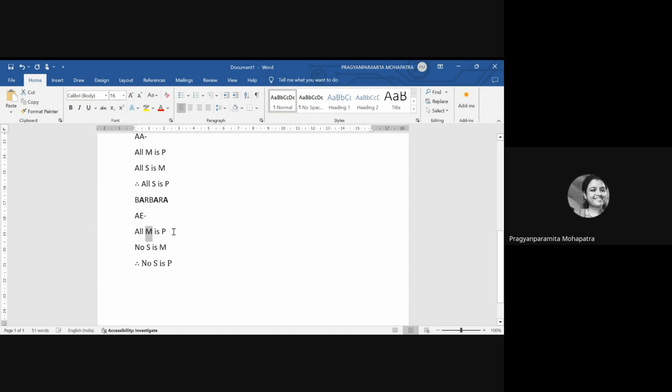So it violates the rule that if a term is not distributed in the premises but is distributed in the conclusion, then it is a fallacy. Which kind of fallacy will it be?